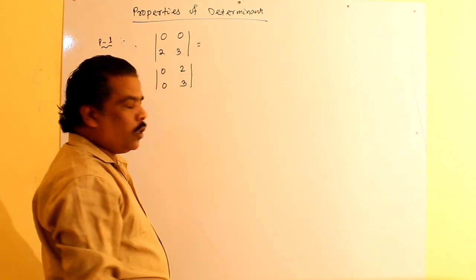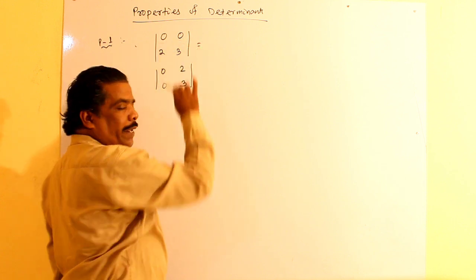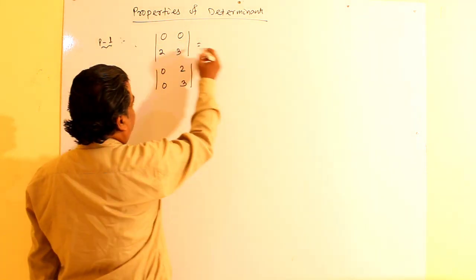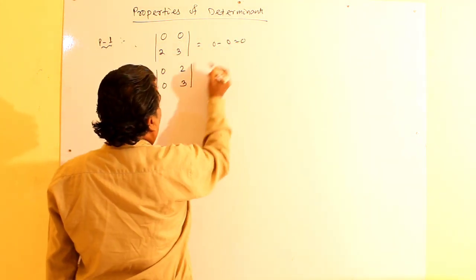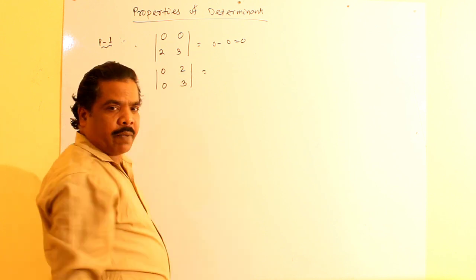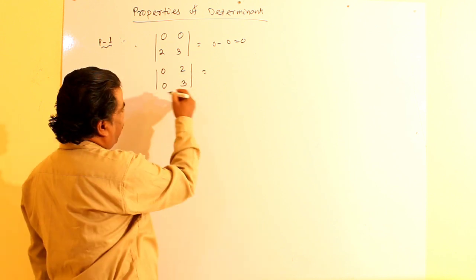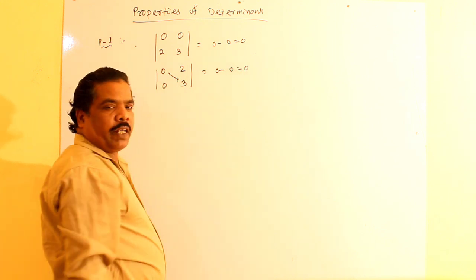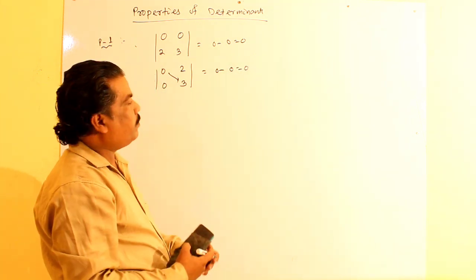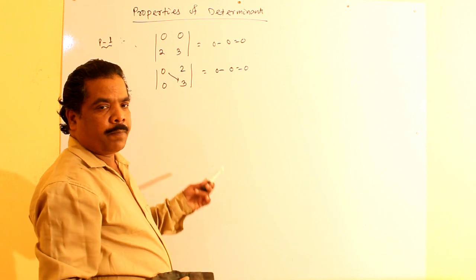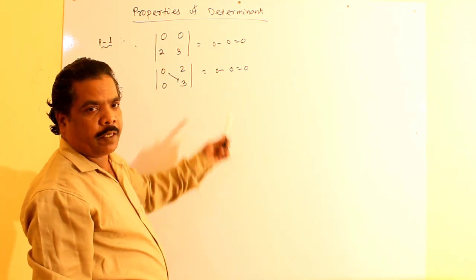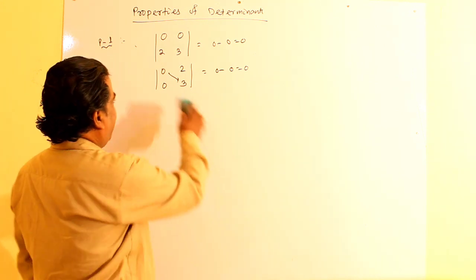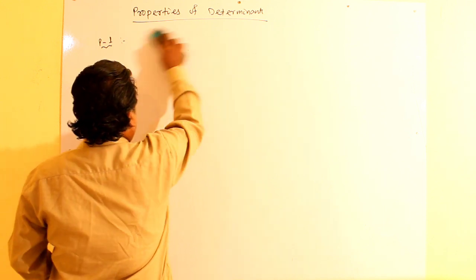Here, all the elements of row 1 are 0, then the value of determinant is 0. Now column 1 vanishes, all the elements of column 1 are 0, so the value of determinant is 0. If all the elements of any row or column of any determinant vanish, the value of determinant is 0.